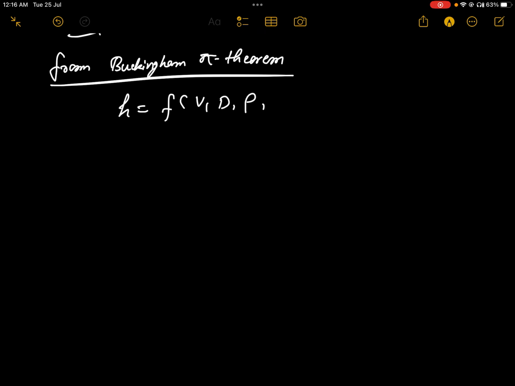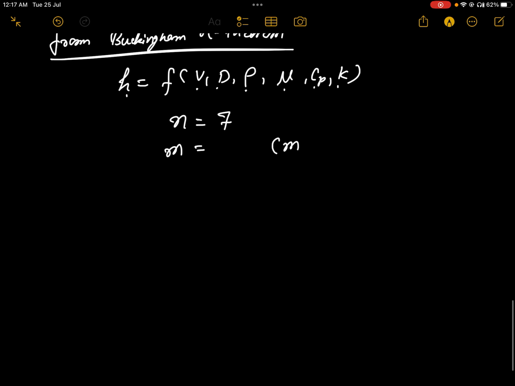Velocity, dimension, rho, mu, cp, k. 1, 2, 3, 4, 5, 6, and 7. So n is equal to 7, seven number of variables. And what is m? The fundamental dimensions, that is M, L, T, and theta. Theta is the temperature, T is the time. So m is equal to 4.